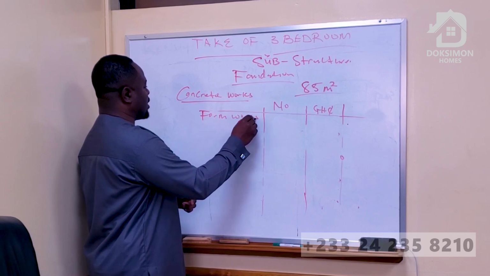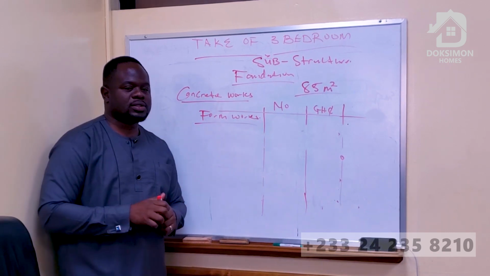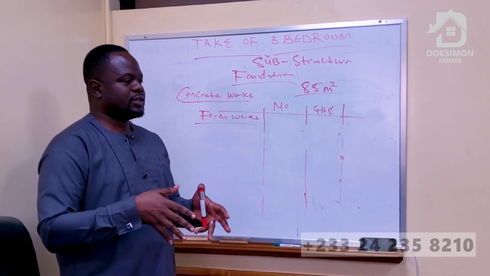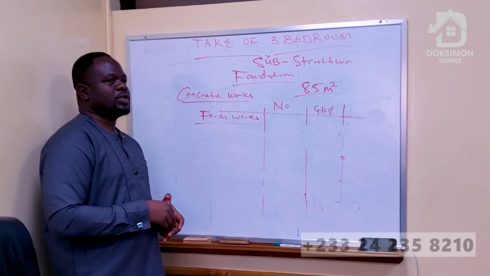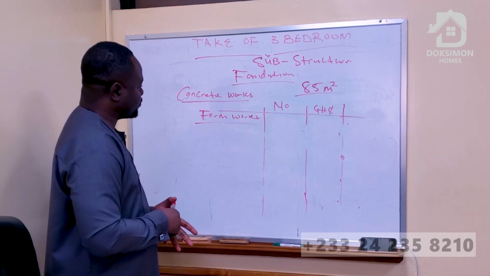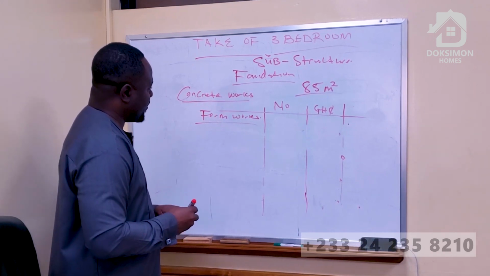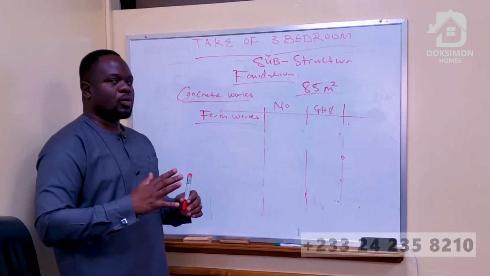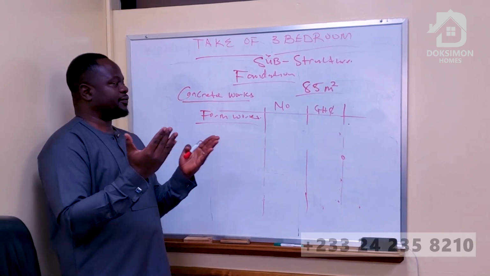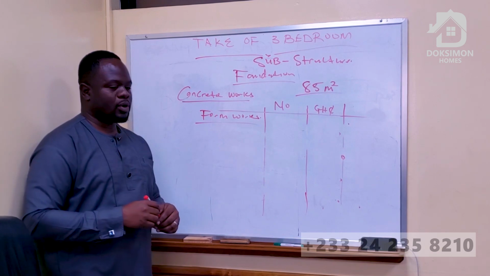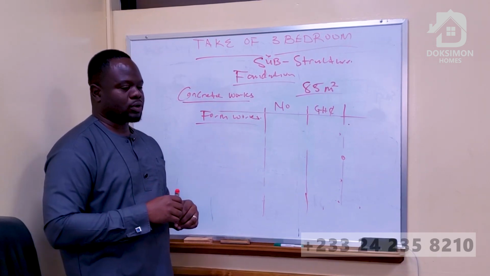The formworks are the supports given to the blocks that have come into the foundation. They need to be bound together. So they are usually nailed to the wall and concrete is cast in order to form bonding between the blocks and the iron rods.